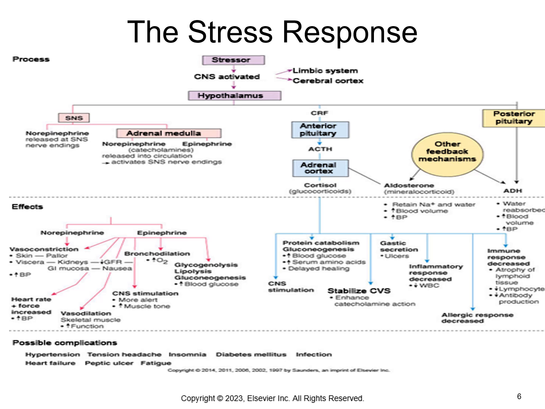Now, epinephrine is going to help with vasoconstriction of the skin, so those cutaneous areas, the kidneys. The GFR is going to be decreased here, so kidneys aren't filtering as well. We'll have vasodilation of the skeletal muscle to help increase the function there. Our heart rate and force are going to be increased, and that's going to help increase our blood pressure.